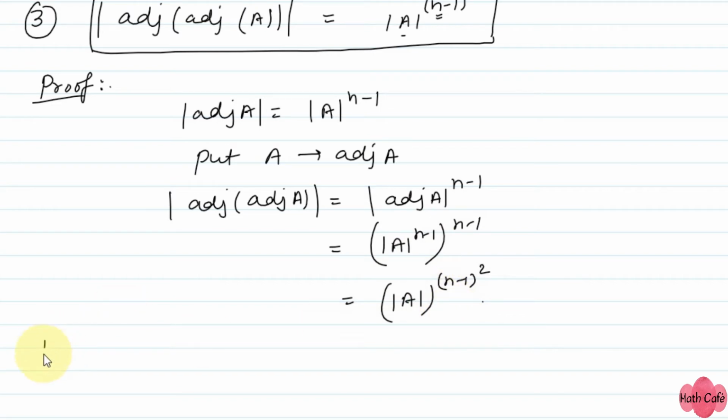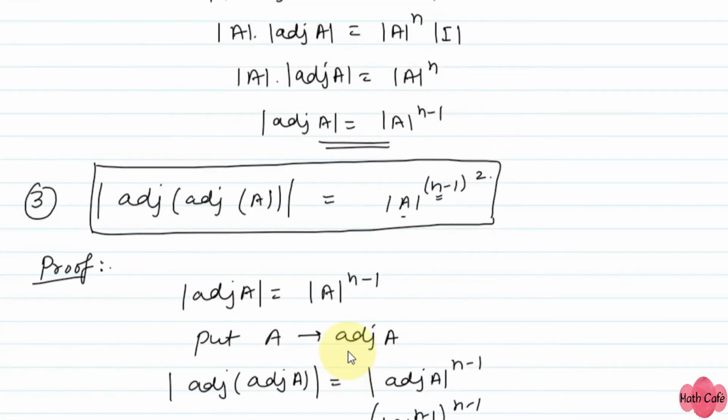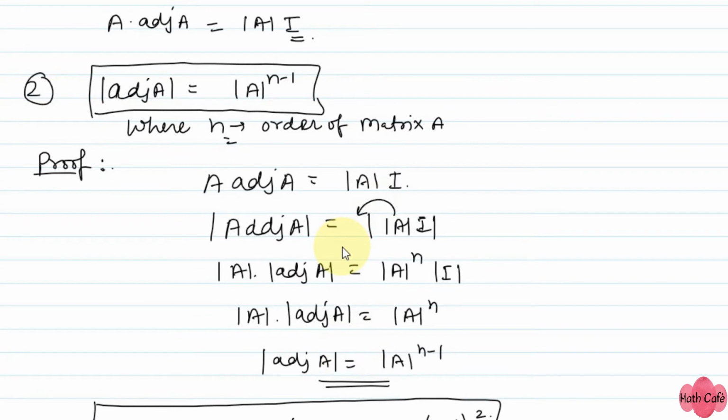Just like that, if it is written determinant value of adjoint of adjoint of A, let's observe here: if there is one adjoint in the determinant, the value will be determinant of A power n minus 1.